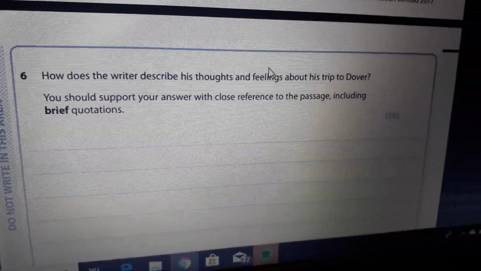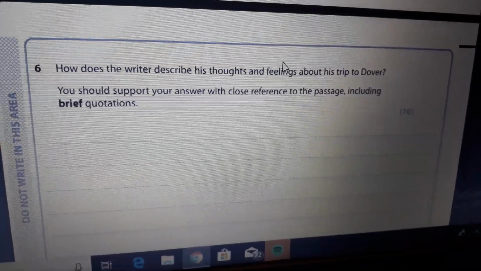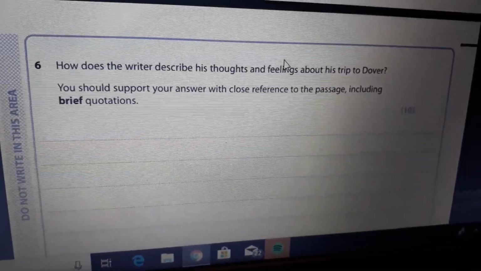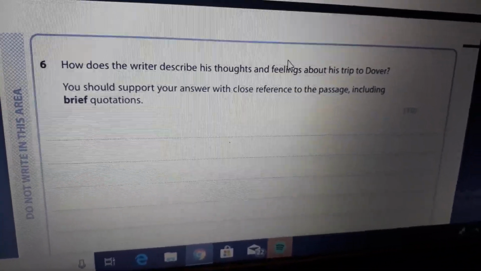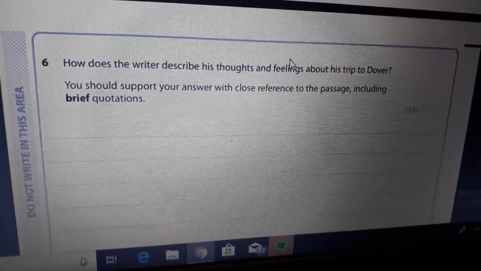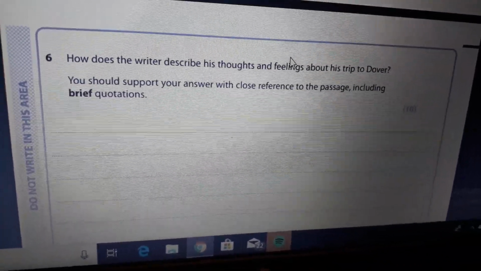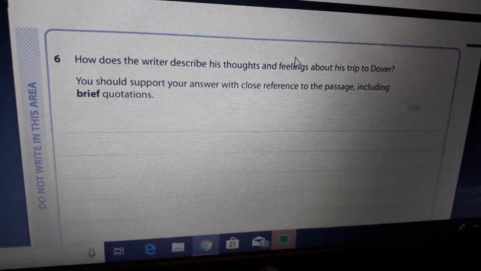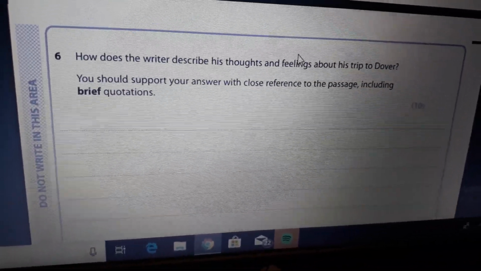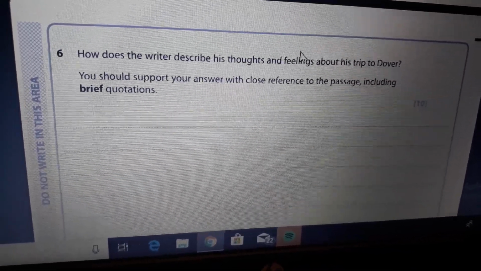Question number 6, you see again a 10-mark question. How does the writer describe his thoughts and feelings about his trip to Dover? You should support your answer with close reference to the passage, including brief quotations. The very word how in the question, you have to notice, is about presentational devices, the tools the writer uses to communicate his or her ideas.